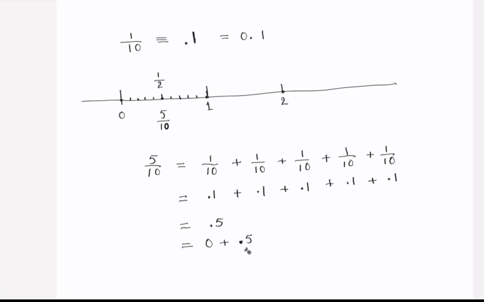So if we only have 5 of those 10 tiny little parts, we have no wholes, that is 0 whole parts plus 0.5. So this can also be written as 0.5. So you see the fraction half is same as the fraction 5 by 10.